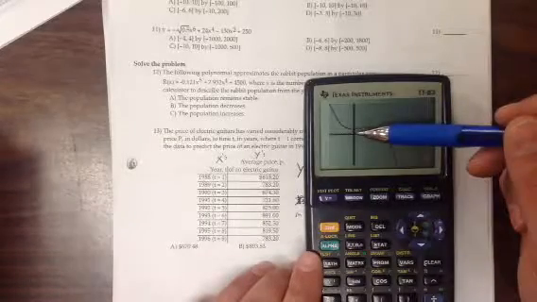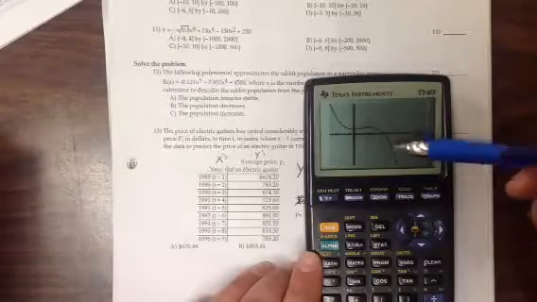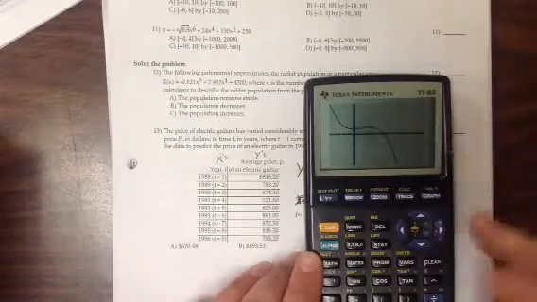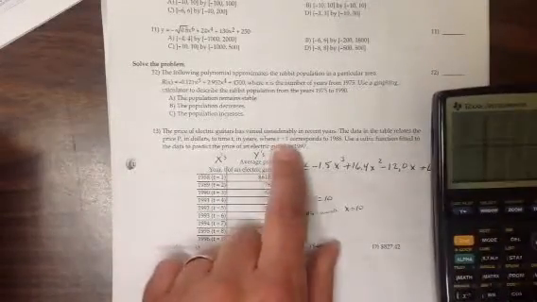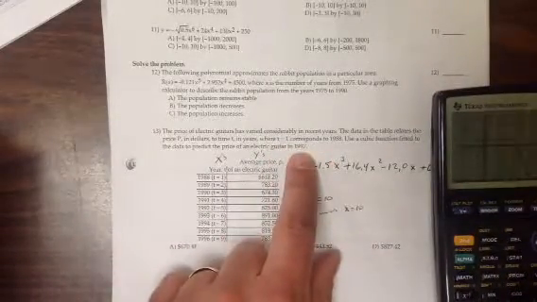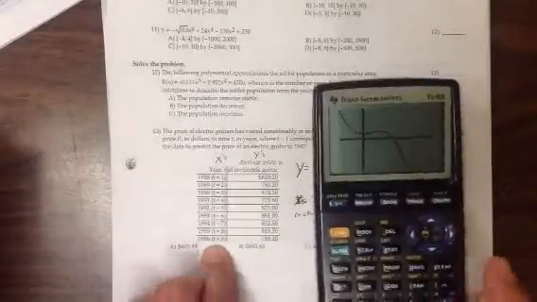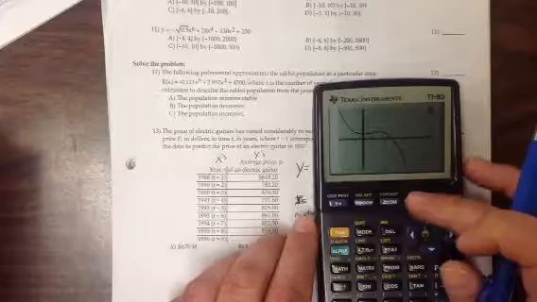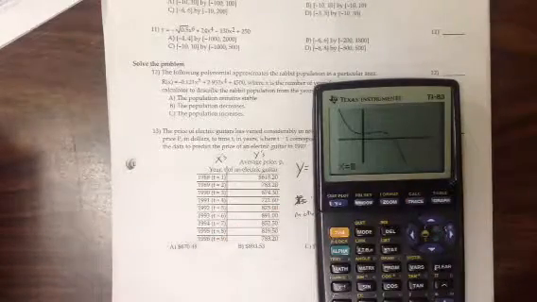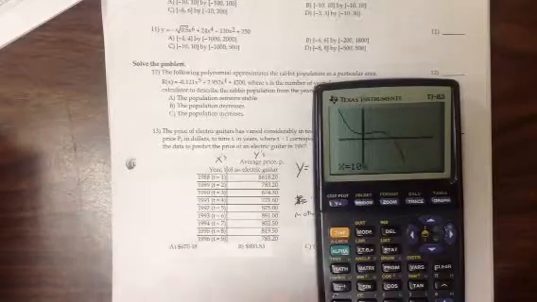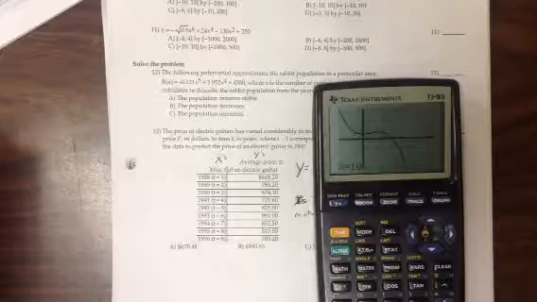Now I can see where it hits the y-axis, which is good. I can see it has maximums and it has minimums, and it hits the x-axis, which are called zeros. And the question is, what is the value of the guitar expected to be when we are in 1997, which if I look at the list would be when T is 10. So what I'm going to do is I'm going to go to second calc and go to value and just put in 10 for my x, which is the same as what T is calling for in the problem, and push enter.